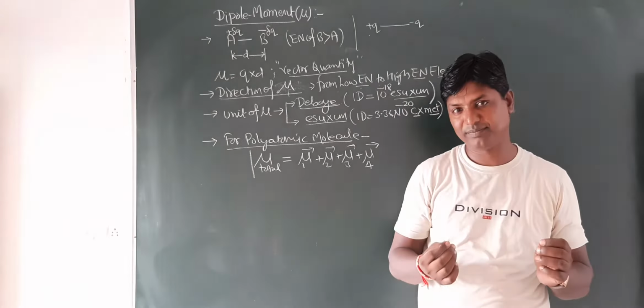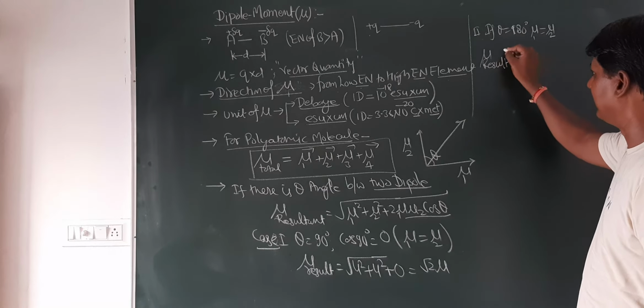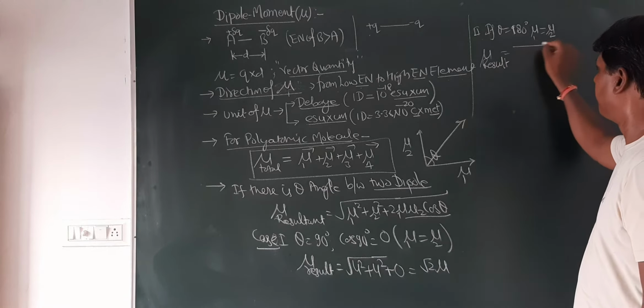On the other hand, case second, if theta is equal to 180 degree and mu1 is equal to mu2, so in that case what will mu resultant be? That will be mu square plus mu square plus 2 mu square cos 180.